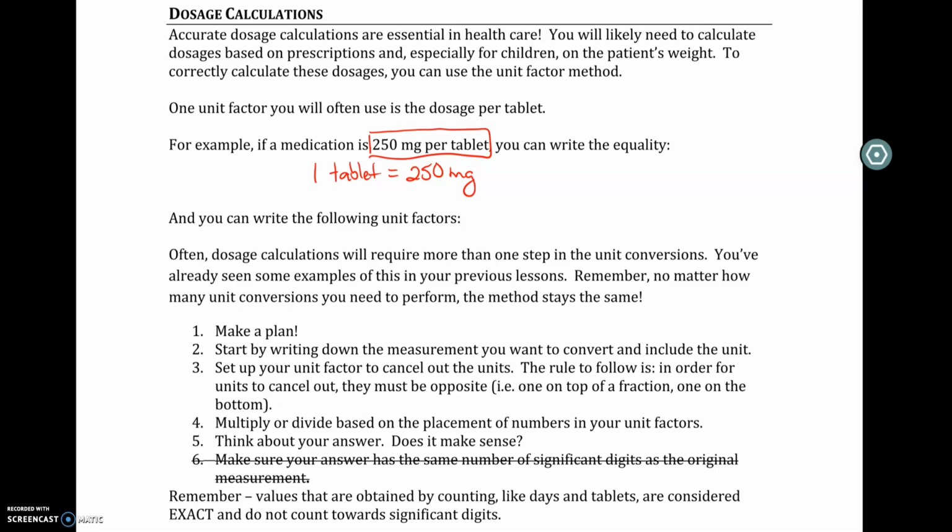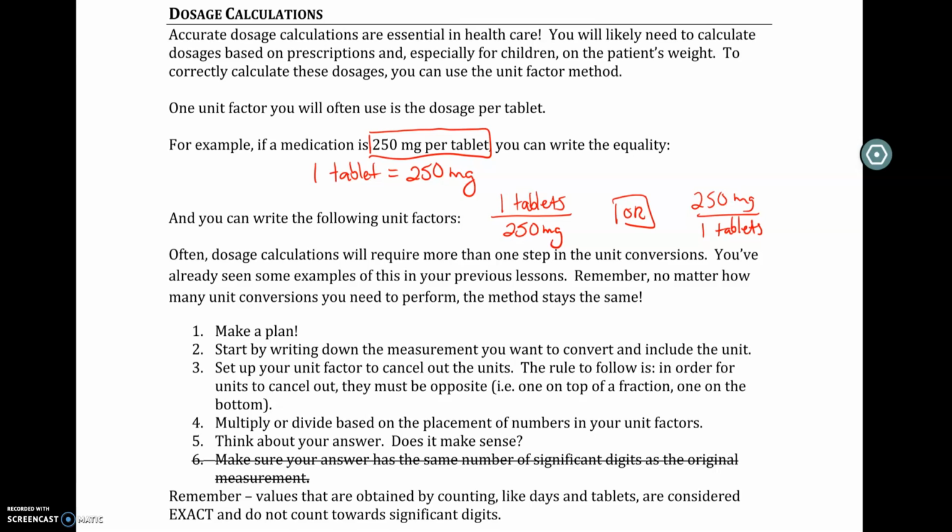If I was converting from milligrams of medication to number of tablets, I could set it up so that the tablets is in the numerator position and the 250 milligrams is in the denominator position. Or if I was going from tablets to milligrams, I could set up my conversion factor so that 250 milligrams is in the numerator position and tablets is in the denominator.